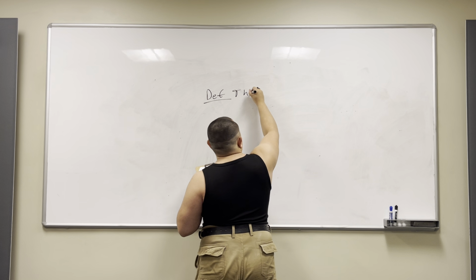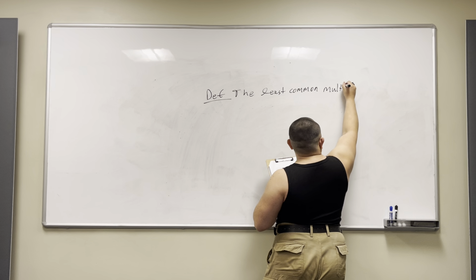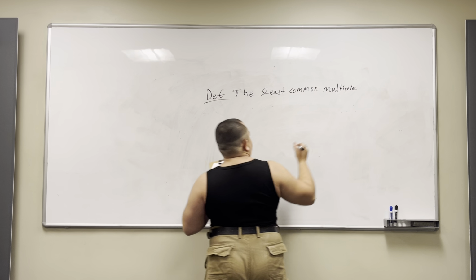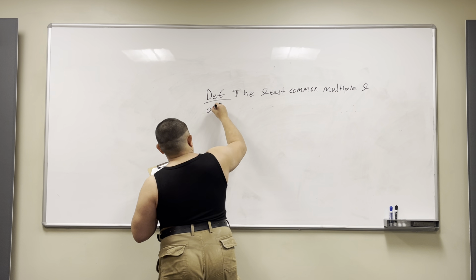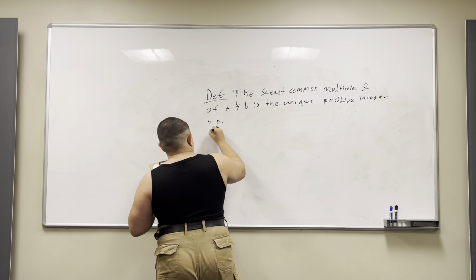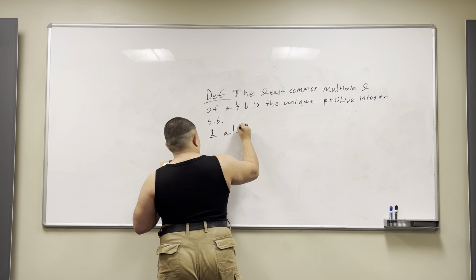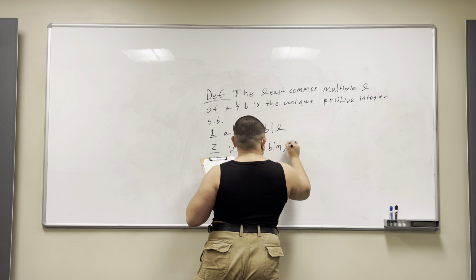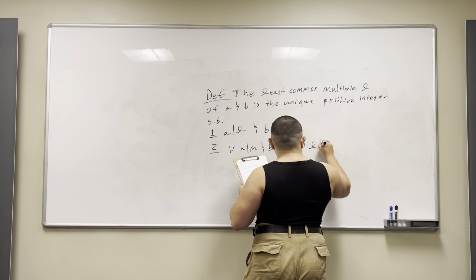So, the least common multiple. The least common multiple, L, of a and b is the unique positive integer such that, for one thing, a divides L and b divides L. For another, if a divides m and b divides m, then L divides m.